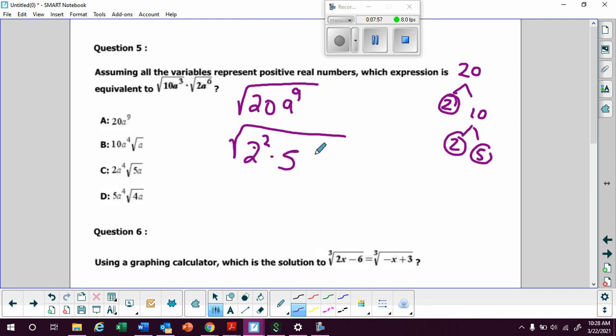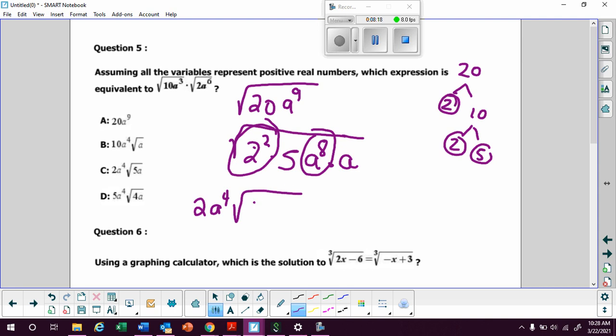And for this to be divisible by 2, I can write it as a to the power of 8 times 1a. When you multiply, it still gives you a to the power of 9. So what can come out? This can come out as a to the power of 4. So 2a to the power of 4 square root of 5a, with 5a left inside.